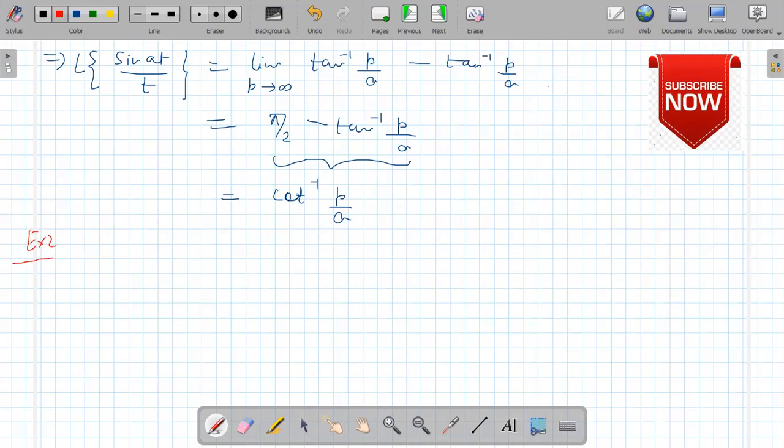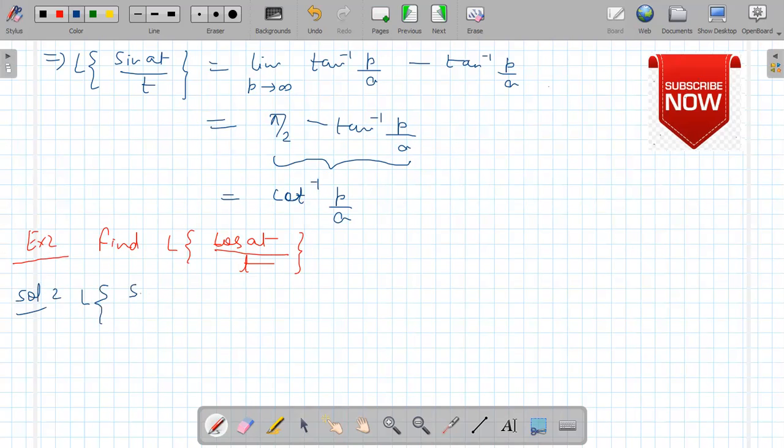Next example is find Laplace transform of cos at divided by t. Again, we use the same procedure as we have done in case of sine.